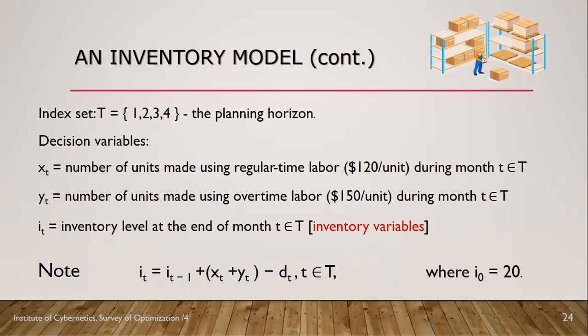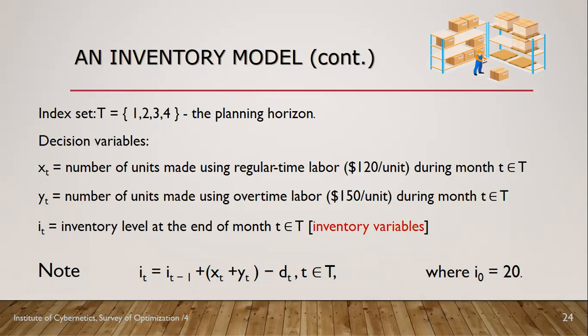Another thing which makes sense to introduce here is inventory. Why? As we need to compute the total inventory costs, which are included in the total production cost, we need to multiply the ending inventory level for each month by the holding cost.